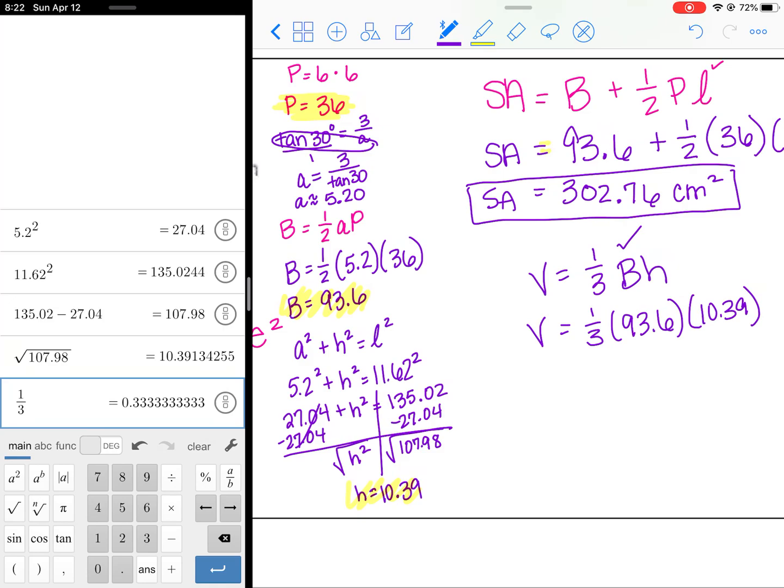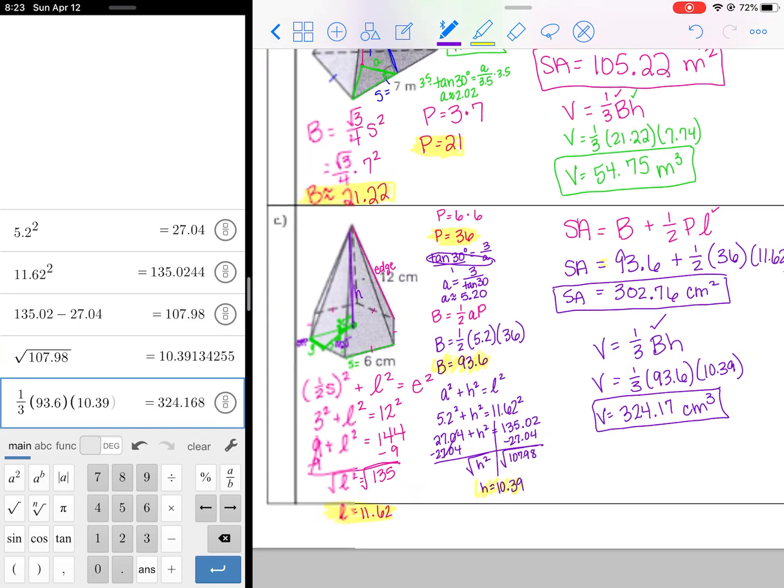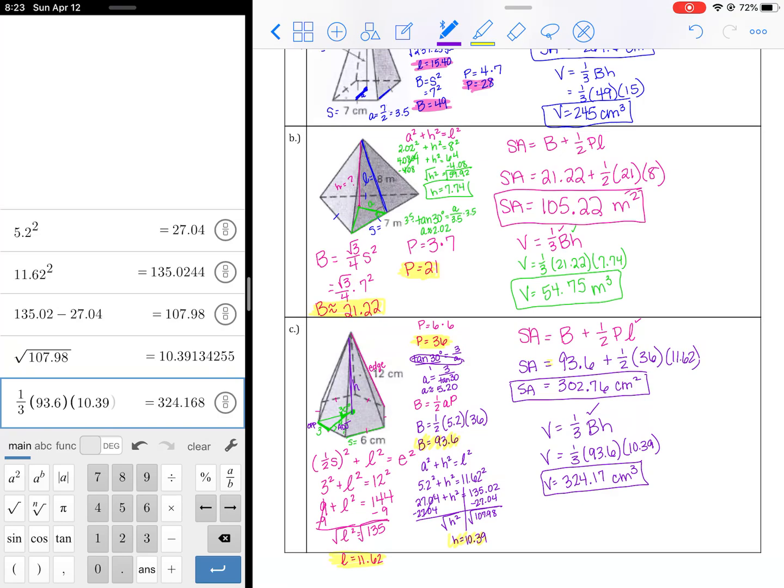So 1/3 times 93.6 times 10.39 gives me the total volume of 324.17 when I round it, and that's going to be in cubic units. So this is centimeters cubed. So once we get out of our square, it takes a little bit more work to find that surface area and volume.